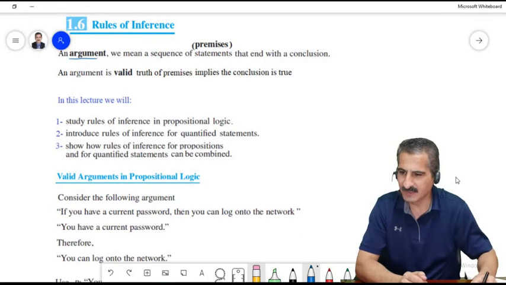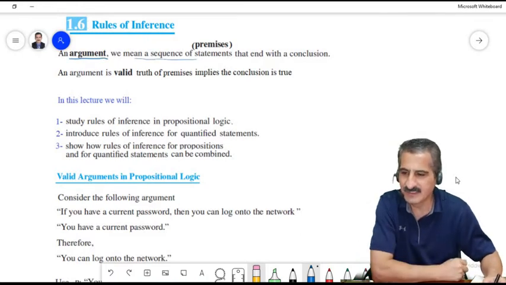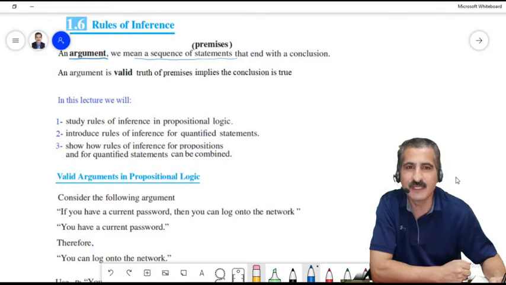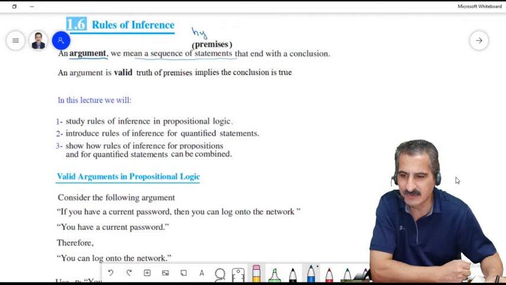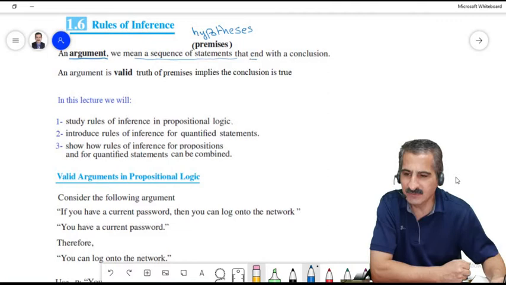An argument, by an argument we mean a sequence of statements, which we call premises or hypotheses, and that end with conclusions.